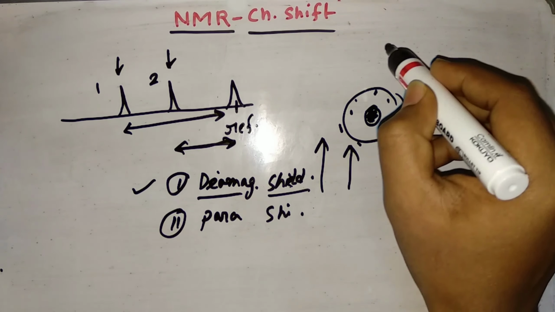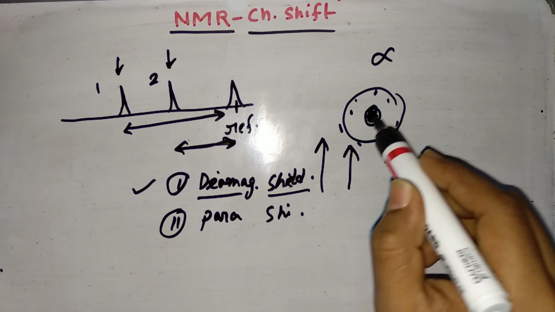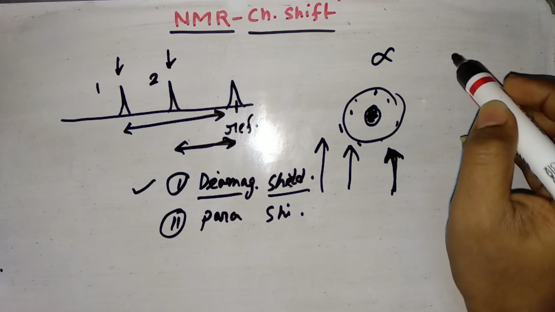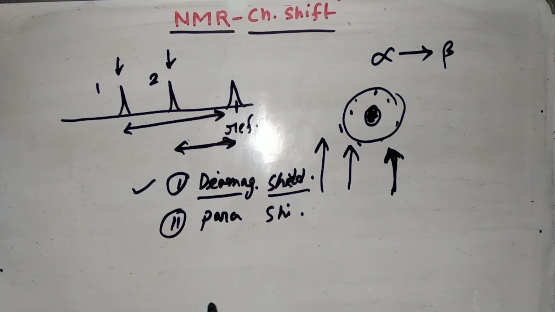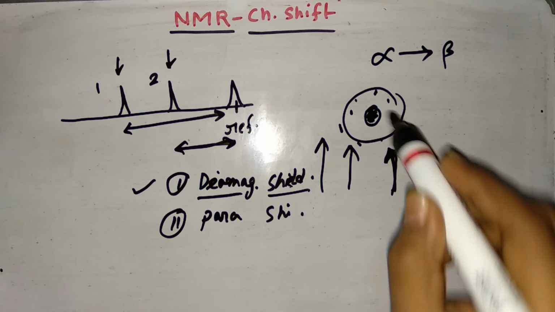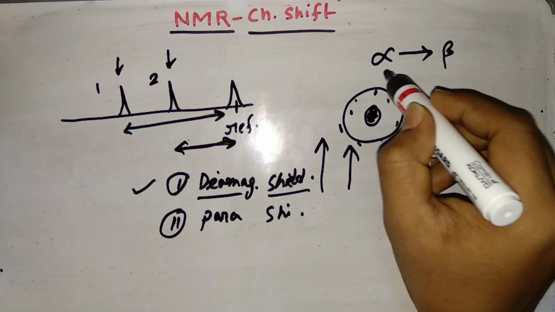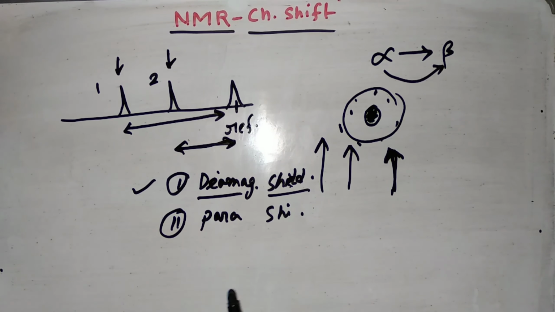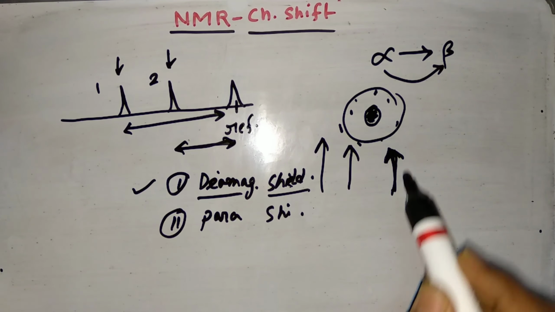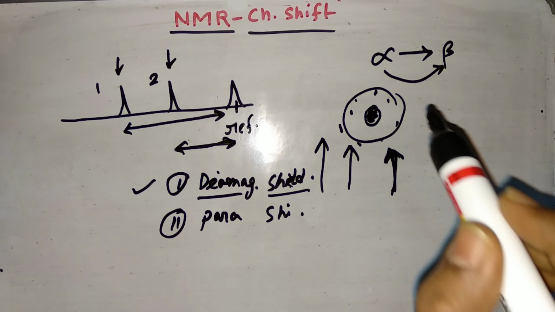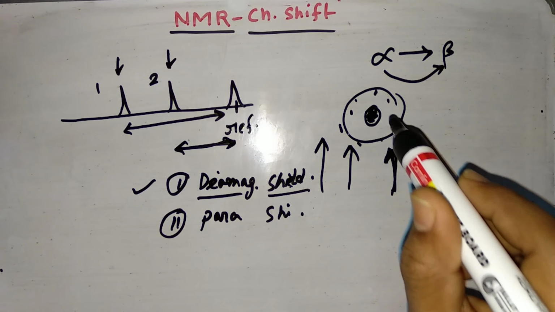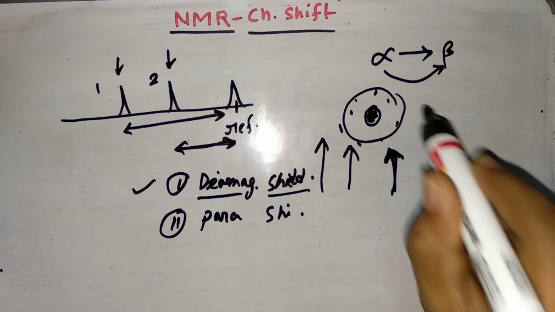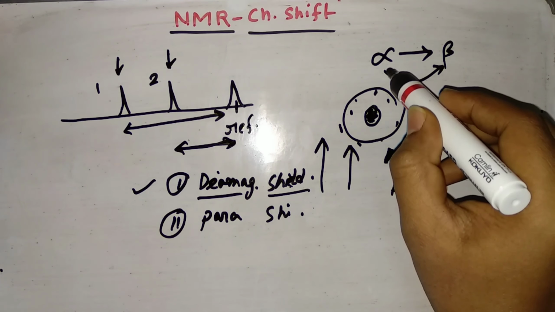What should happen? Say the nucleus should be in the alpha spin state, and when we apply the externally applied magnetic field along with radio frequency radiation, an alpha to beta spin state conversion may occur. So these are the electrons which don't let the nucleus be converted from alpha to beta spin state.